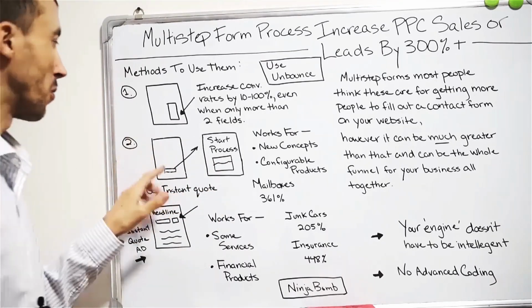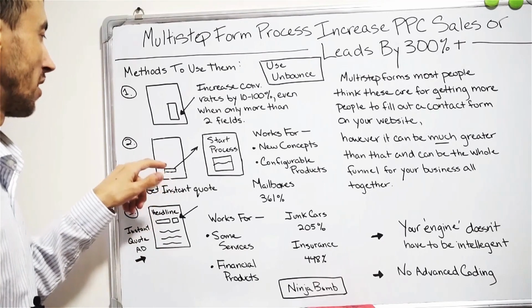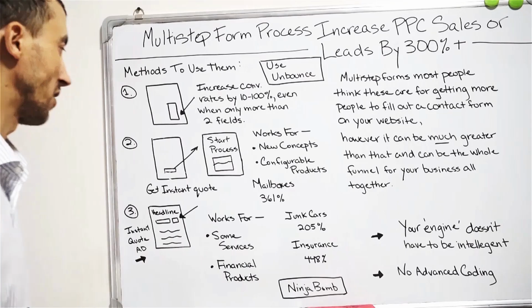But just in general, if you're wondering how to word the call to action or the button that goes on your initial landing page to get them to the multi-step process.